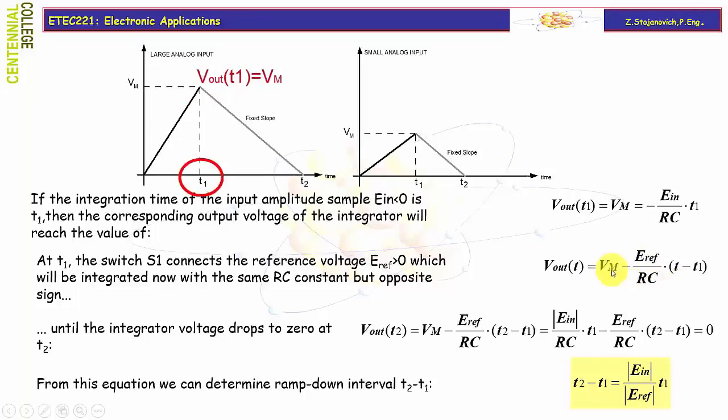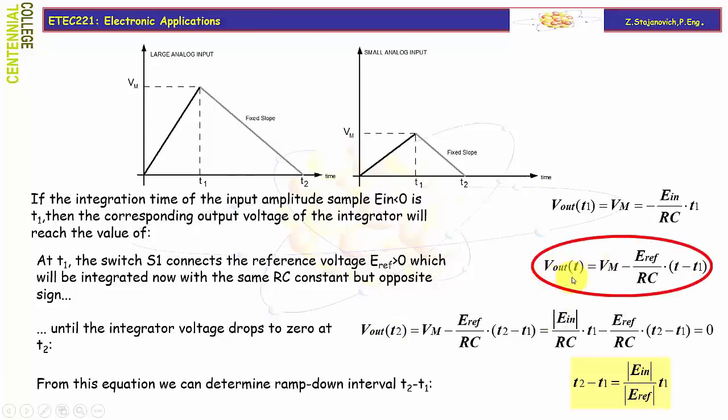So you can say that this equation, Vout of t, describes ramping down from the starting point Vm. When t is equal to t1, this whole term is 0 and the starting point is Vm, and it lasts until we reach a certain point t2, when this output voltage drops to 0. So we can write that this linear equation, which describes ramping down, at the moment of t2 will get the value of 0.